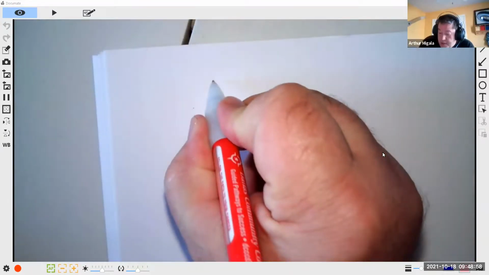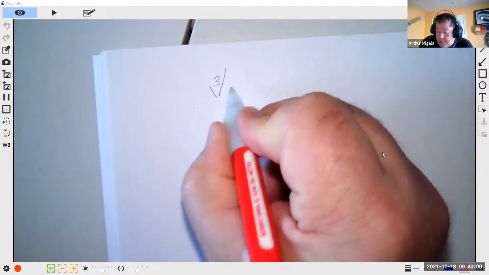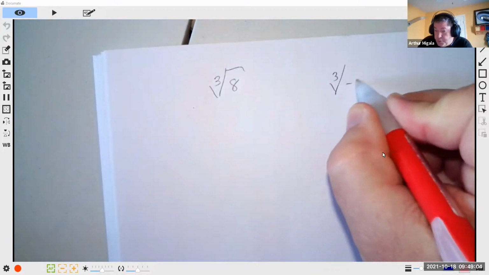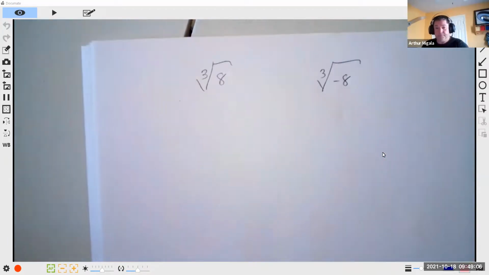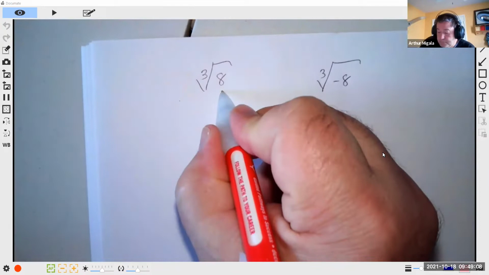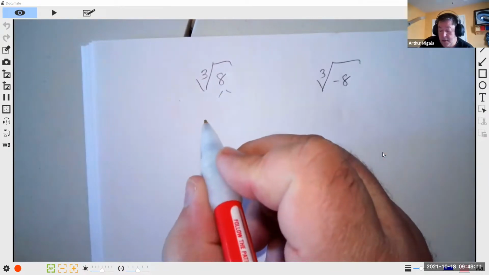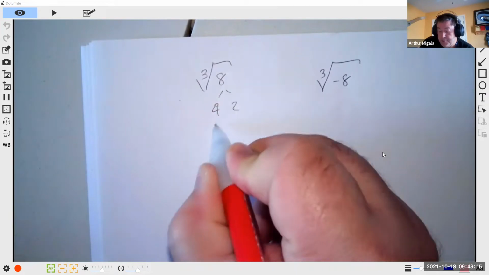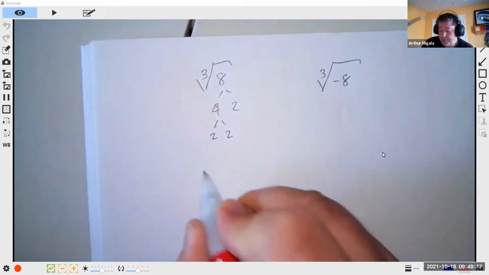For example, if I had the cube root of 8 versus the cube root of negative 8. Eight is made up of 4 times 2, 2 times 2.